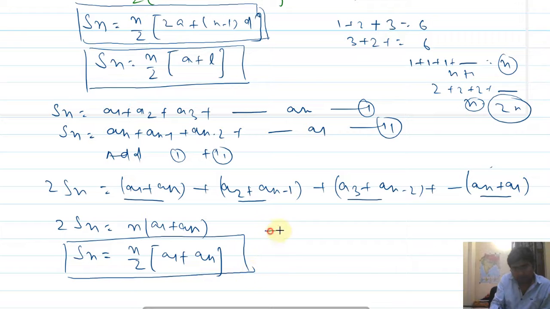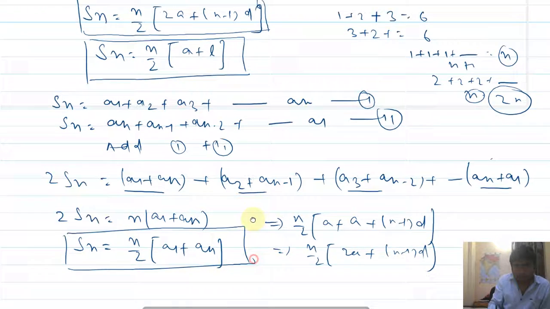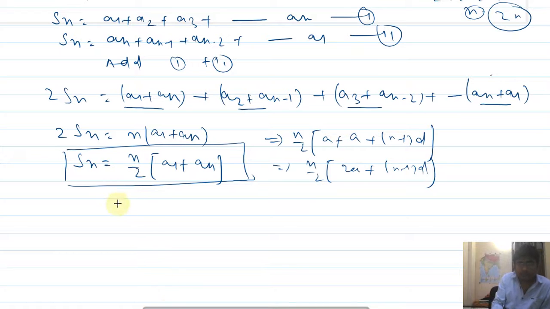I hope you understand. Again, you can write it in a different form. Since an is the last term, Sn equals n by 2 times (a plus a plus (n minus 1) into d), that is, n by 2 times (2a plus (n minus 1) into d). So we finished our proof.